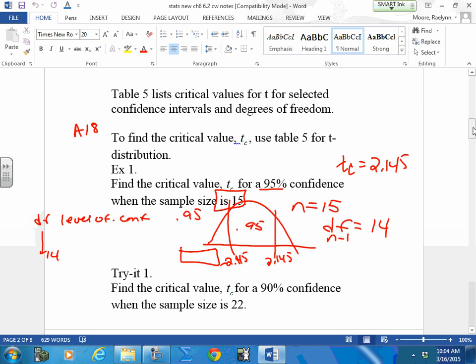Okay, try this one. Try finding your critical value. It's not on your phone, Damani. It's in your book. Your critical value for a level of confidence of 90% and a sample size of 22. So what degrees of freedom are you going to look up? 21. n minus 1. 22 minus 1 is 21.